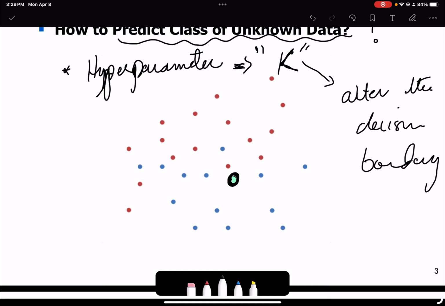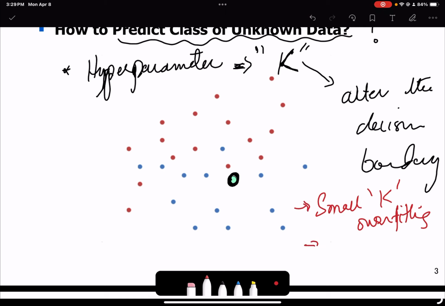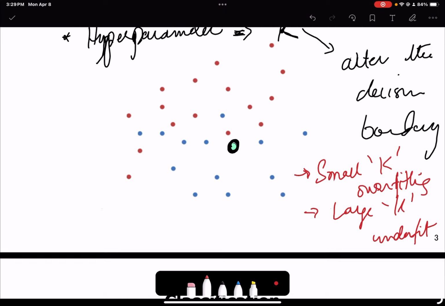A very small value of K could lead to overfitting. We are not considering that many neighbors. We are going to make a decision with a very small number of data points, so we could overfit our results. And in case of a large value of K, it could underfit and the results could not be that accurate.